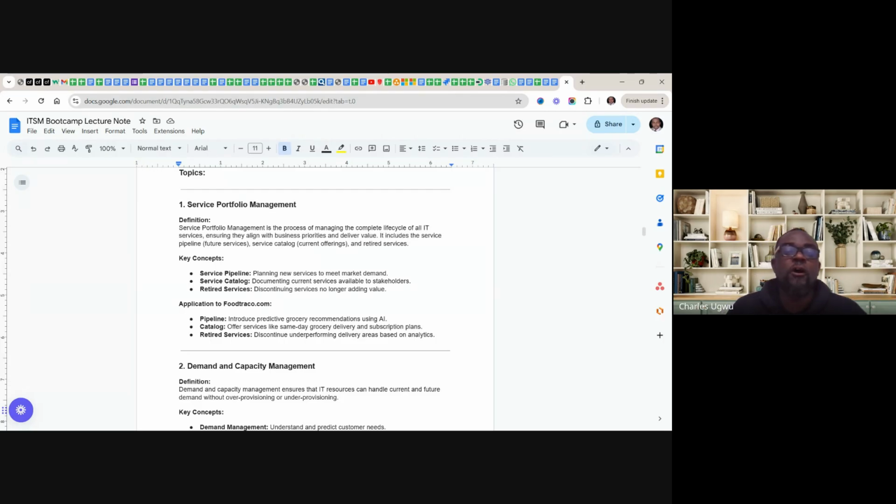So that is what we call service portfolio. Looking at this, you have to think, what do we need? IT service management has the capacity to decide what a company needs IT-wise, not the company telling them what we need.